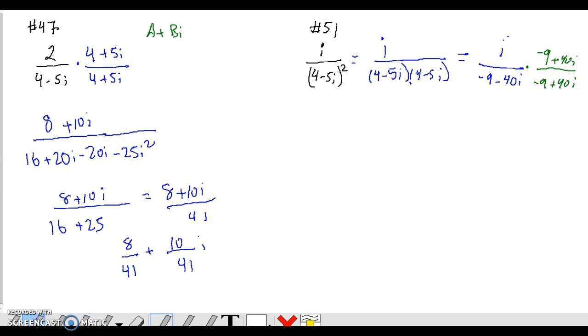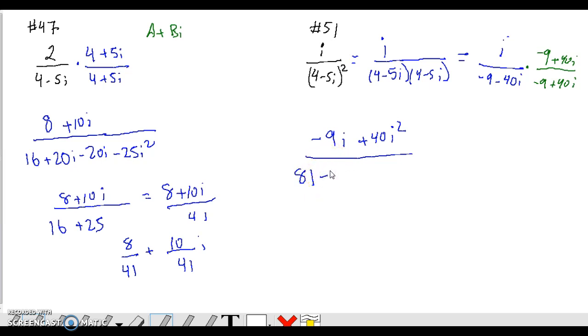Now, what we can realize is that as we go through, we don't necessarily need to multiply all of our big numbers together, right? So this will give you negative 9i, and then this will be plus 40i squared. Negative and negative turned into a positive 81. I already know that that and that are going to go away, so I don't necessarily need to multiply it out. But for sake of argument, let's just do that.